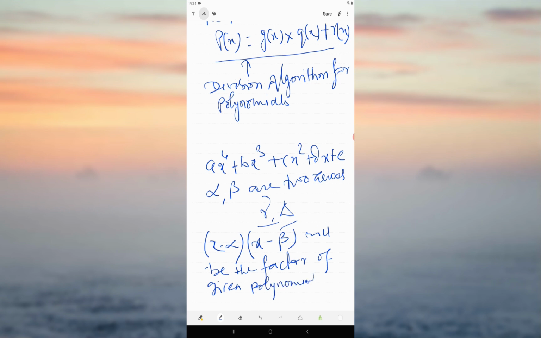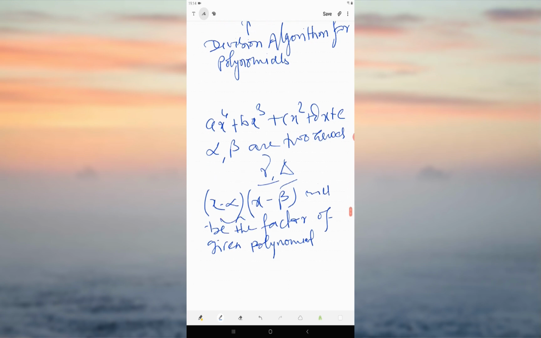This is very important. Multiply x minus alpha into x minus beta, and then divide the whole polynomial by the multiplication of these. You will get something in the form of a quadratic.